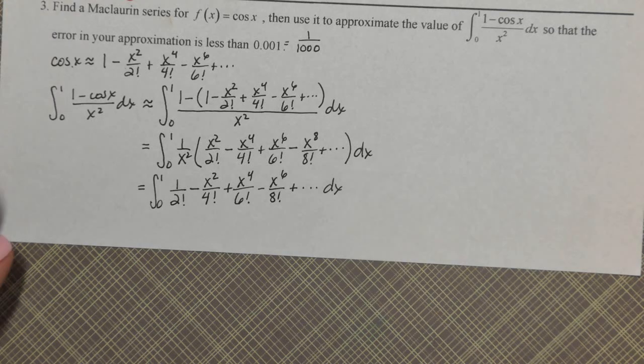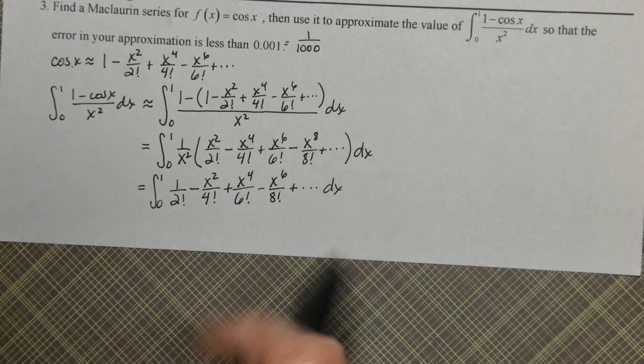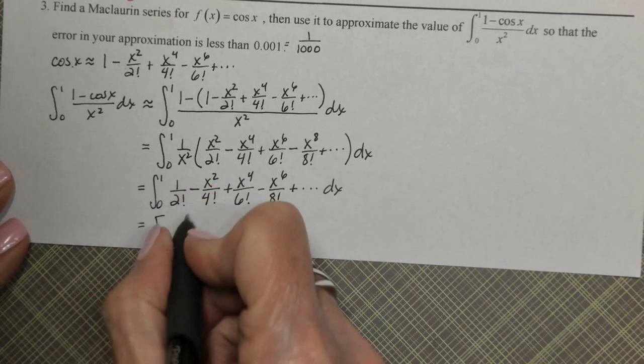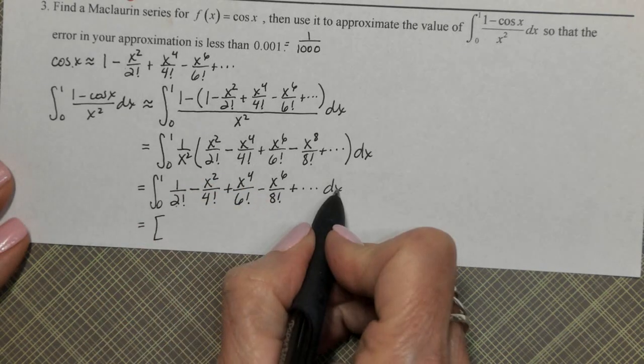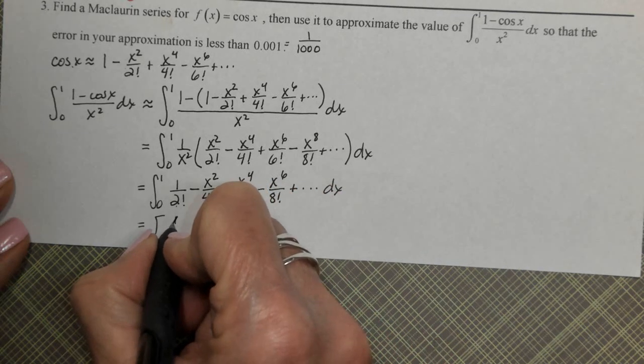So we integrate, and all these are our little polynomials. So each of these is just a power rule. The integral of 1 over 2 factorial with respect to x is just x.